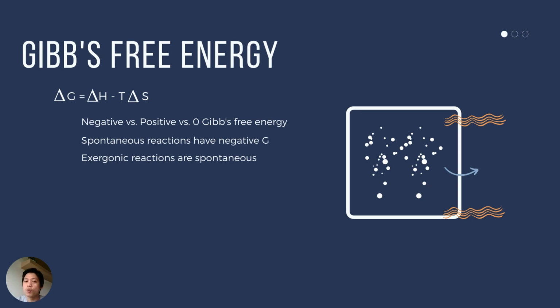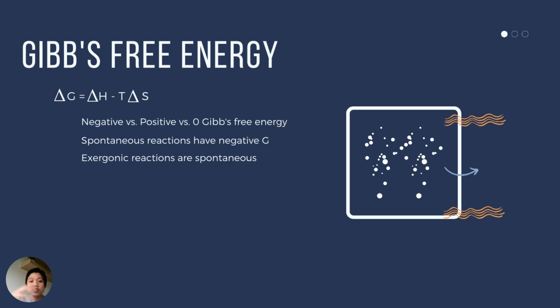The universe will want to become more disorganized. And so if a system has Gibbs free energy that is negative, it loses heat, it becomes more disorganized. That is what is favored by nature. So a system with negative Gibbs free energy is a system that undergoes spontaneous reaction. Similarly, because these reactions will have to lose heat into the environment.